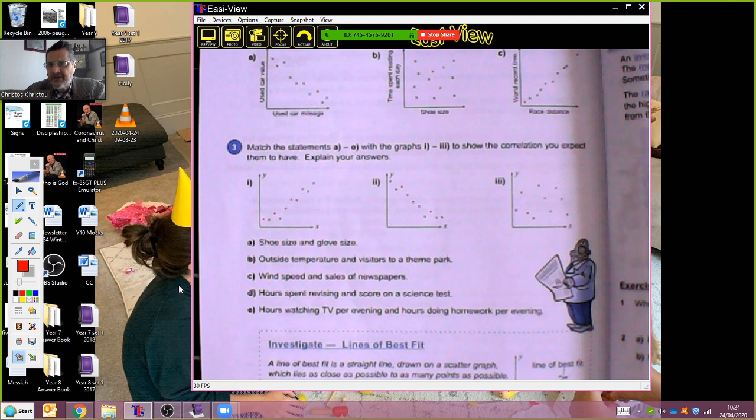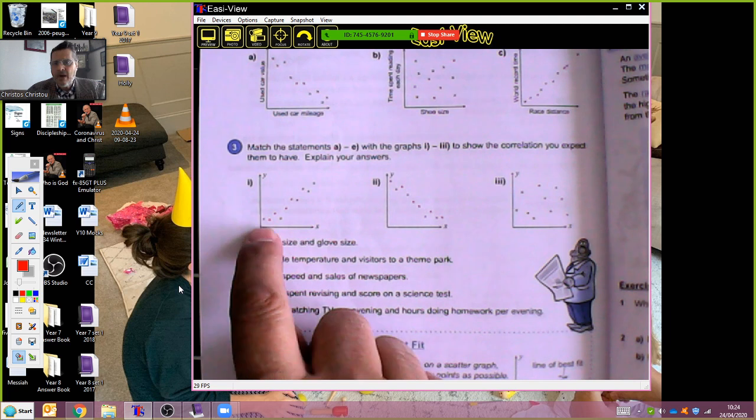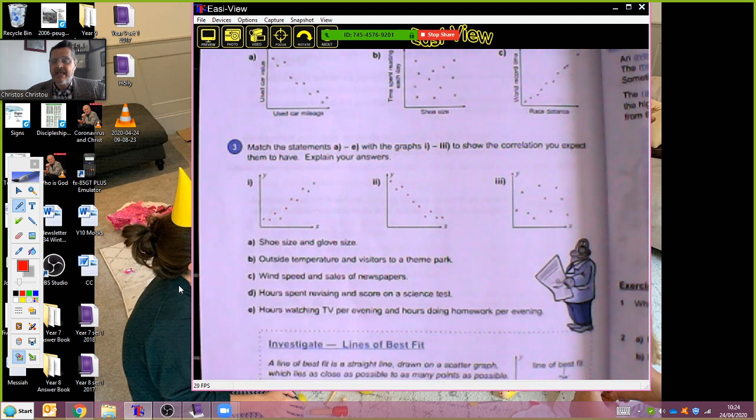I know you don't put your gloves on your feet normally, but as my shoe size increases, so will my glove size, because as my hands grow, so do my feet. Imagine a little kid with little feet and little hands, then that kid becomes a bigger kid with bigger feet and bigger hands. That's a positive correlation. That's why it's extension, yeah? Got to think about that one.